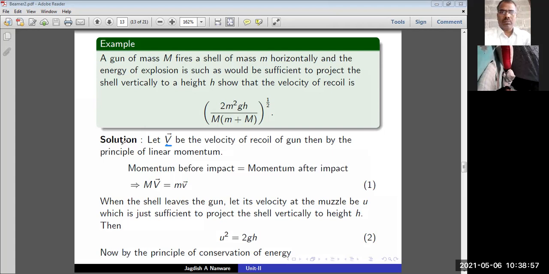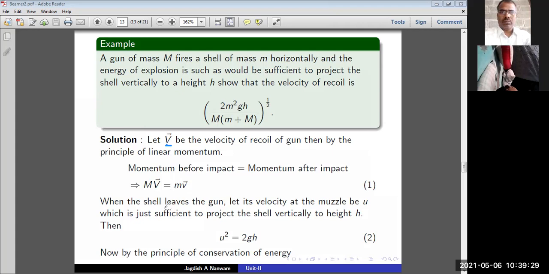Therefore, as we denote V as the velocity of recoil, it is nothing but capital M, the mass of the gun, into V, and here small m is the mass of the shell and its velocity is small v, therefore it is m into v. We denote this expression by 1, written by the principle of linear momentum.